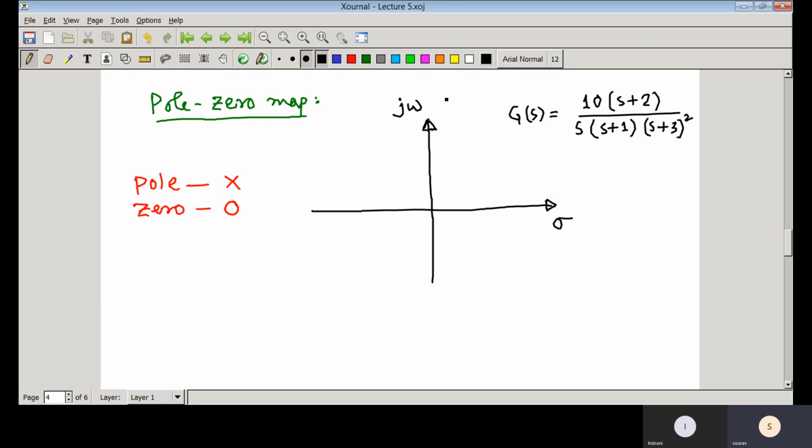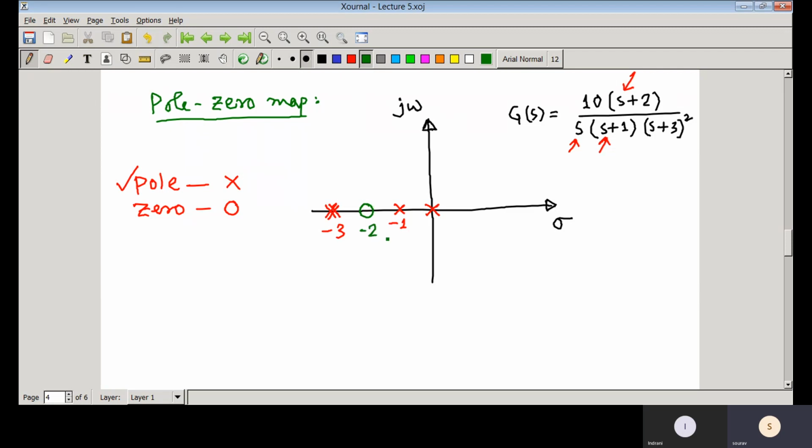So now we have a pole here at s equal to 0. So that means this is that symbol, pole. We have shown that the symbol of that pole is cross. Another pole is at -1, and other two poles are at -3, so it is showing like this, two poles are there. And then you can see that there is another symbol, a zero, here at -2.